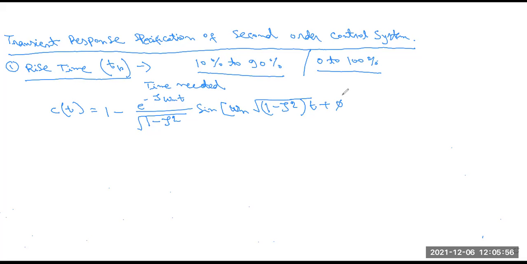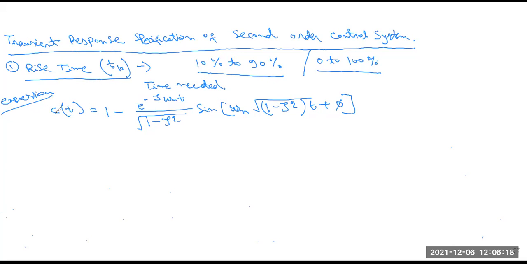So this is the expression of the time response of the second order control system.